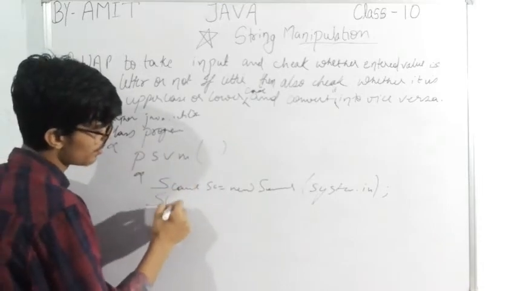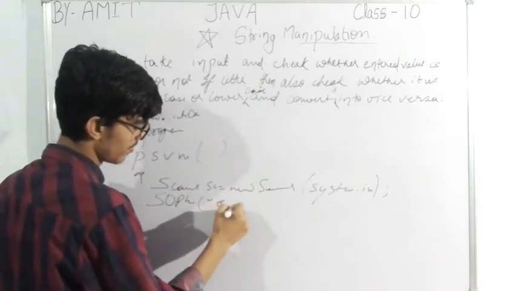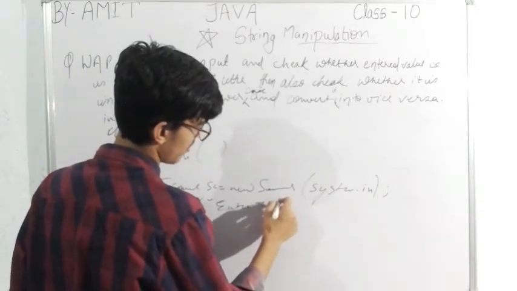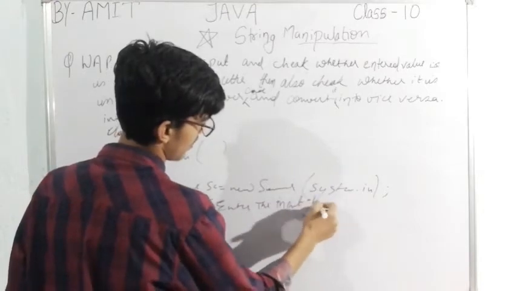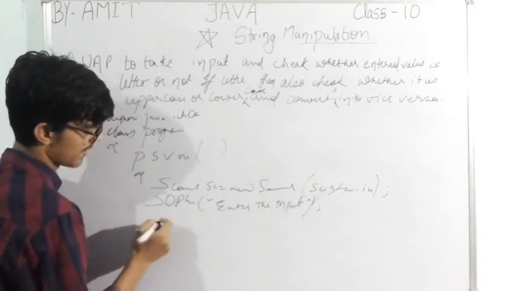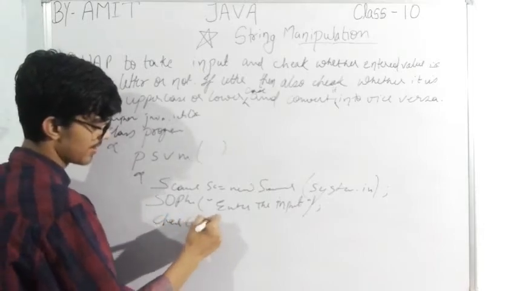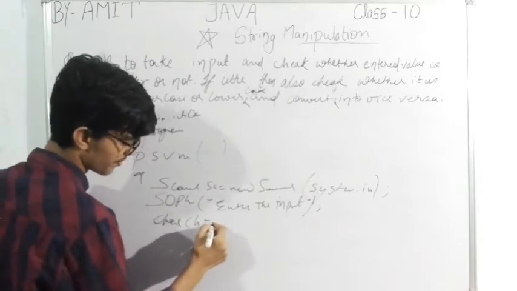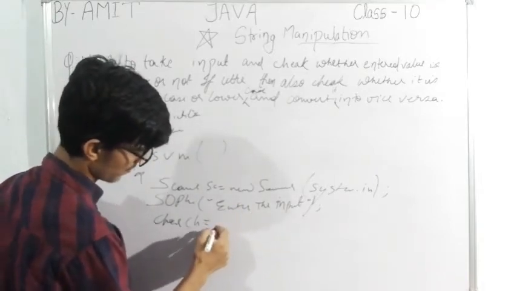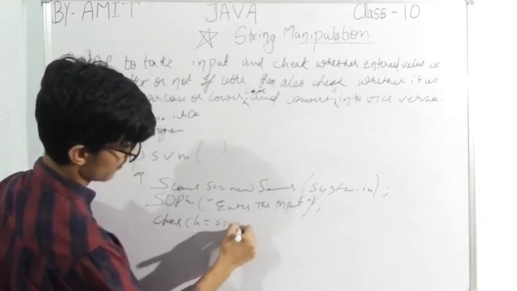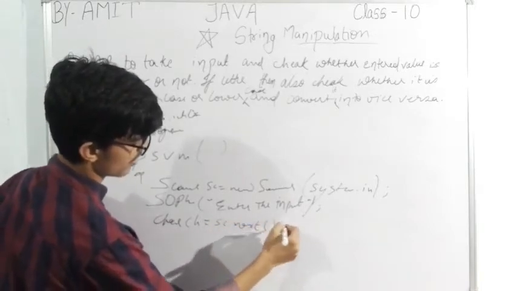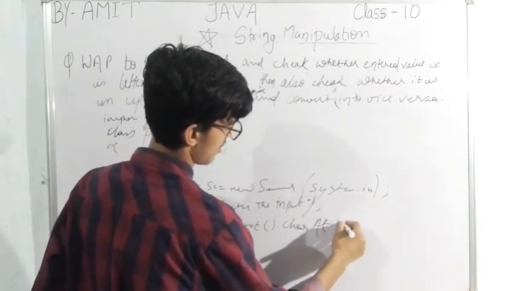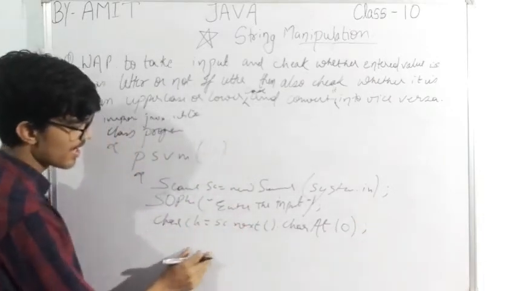We'll take input: System.out.println, enter input. Now we'll write char ch = sc.next().charAt(0). Here we have taken input.